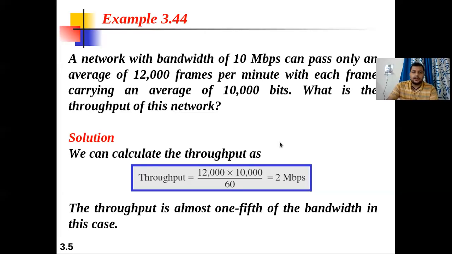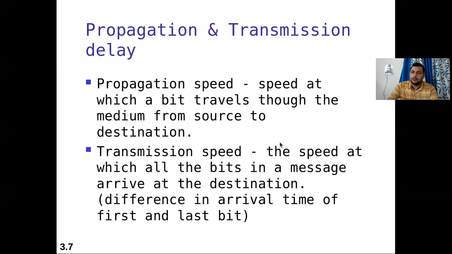Then the next example, the propagation speed. Once you have pushed a signal over the wire, it will start propagating, and depending on the distance, after propagation it will reach the destination. That is called the propagation speed.